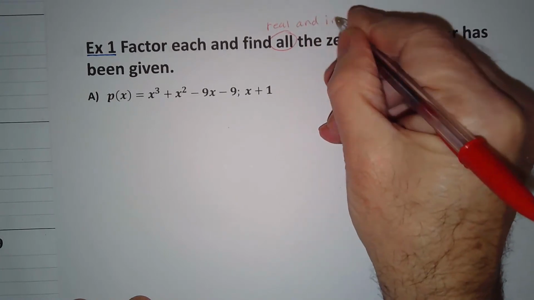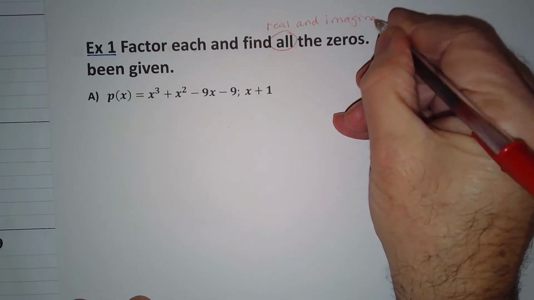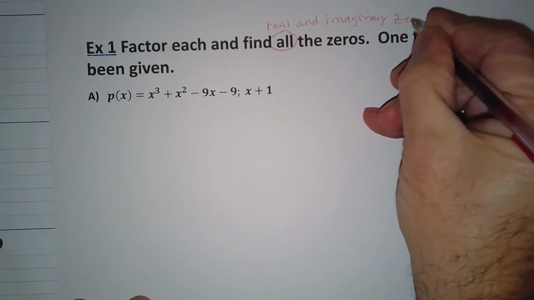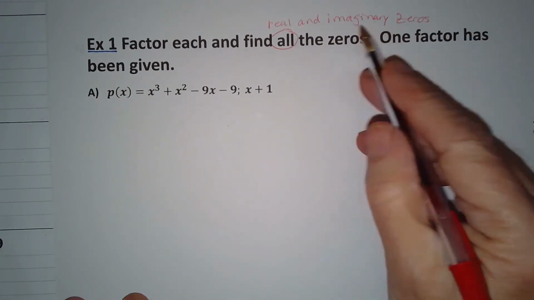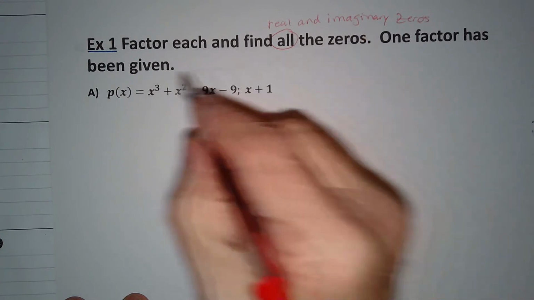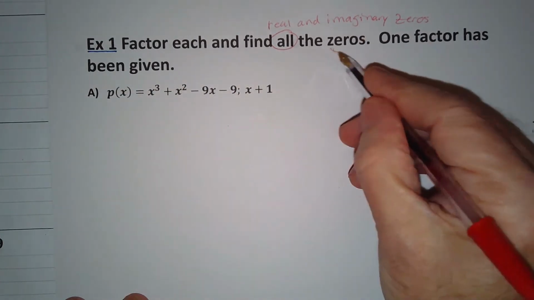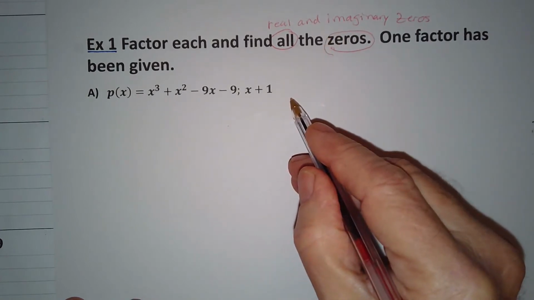Remember, imaginary has i in them. So hint, in some of these problems, we're going to be finding imaginary numbers. The other thing you want to remember is that you're going to be factoring all the zeros. That's the thing to concentrate on.